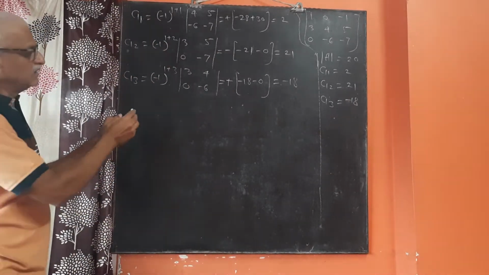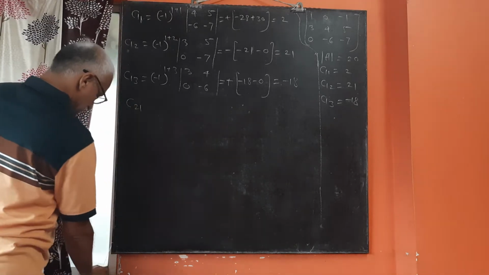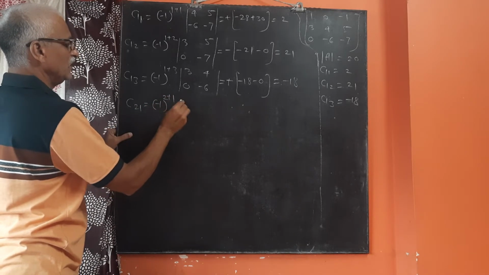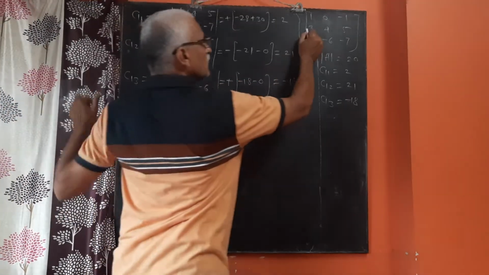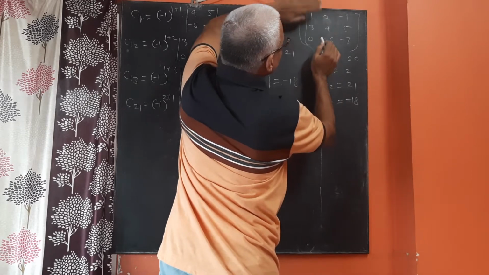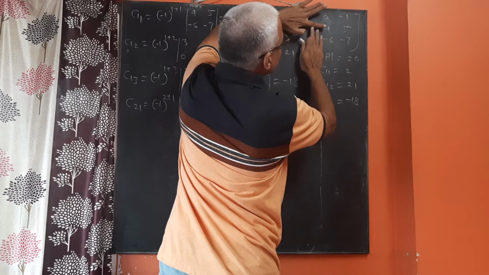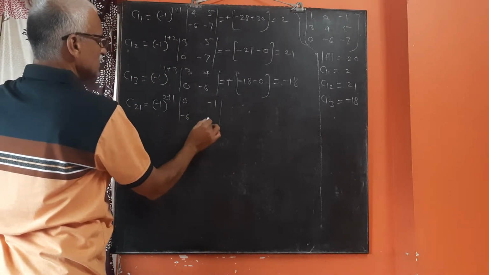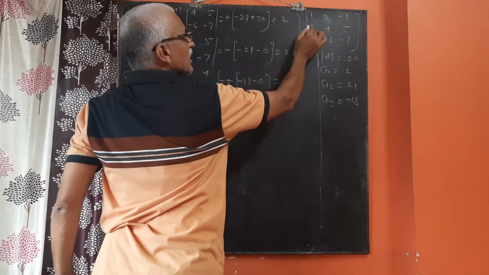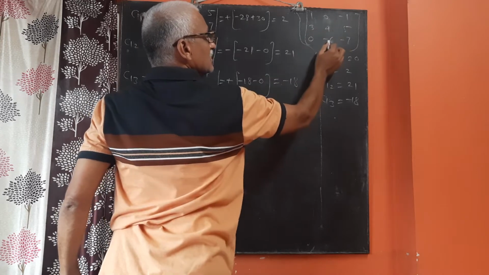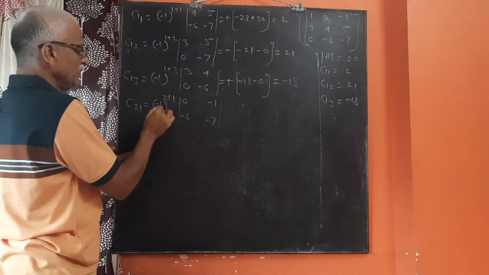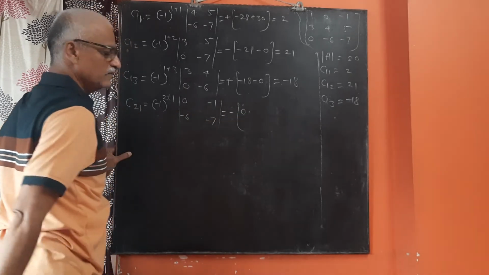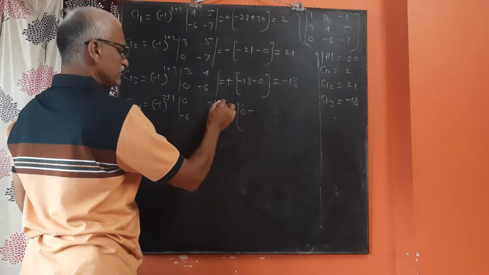Then comes C21. The value of C21 is equal to minus 1 raised to 2 plus 1 into the determinant of C21, meaning the second row and first column are removed, so what remains is 0, minus 1, minus 6, minus 7. Minus 1 raised to 2 plus 1 is negative, so this will be negative of 0 into minus 7 is 0, minus of minus is plus, 1 into 6 is 6.